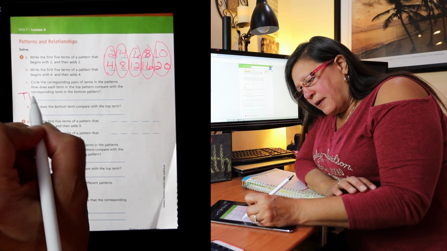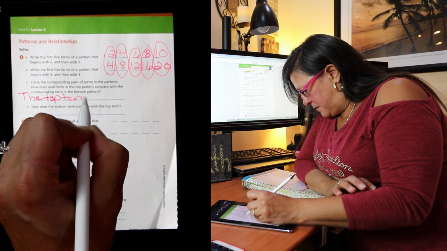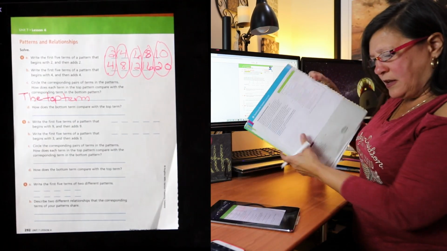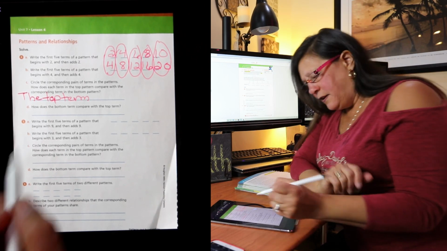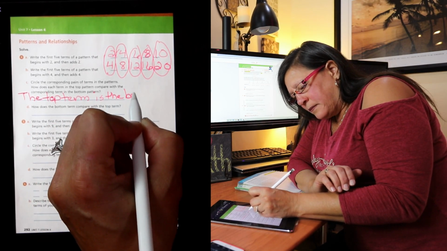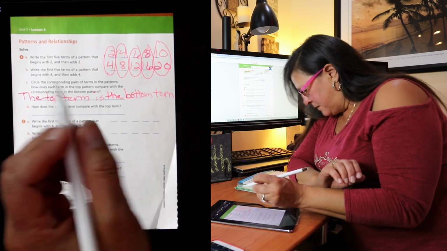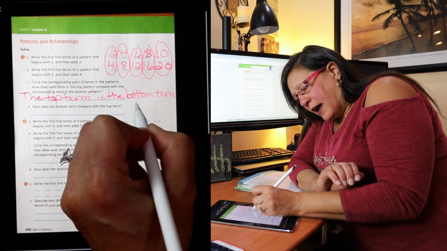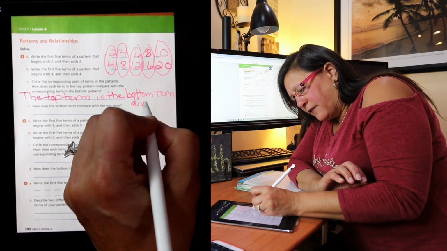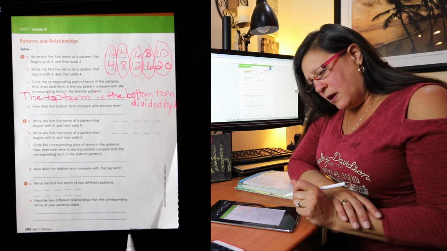So the top term is the bottom term divided by 2.